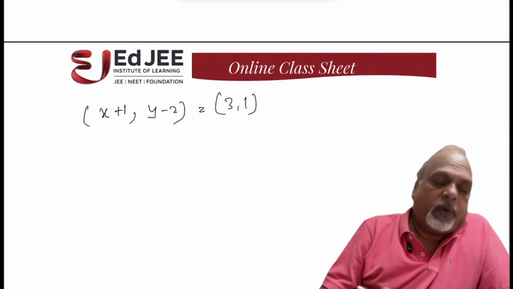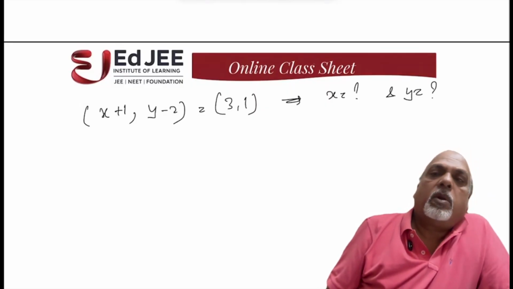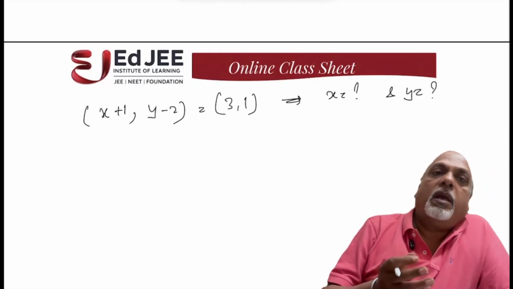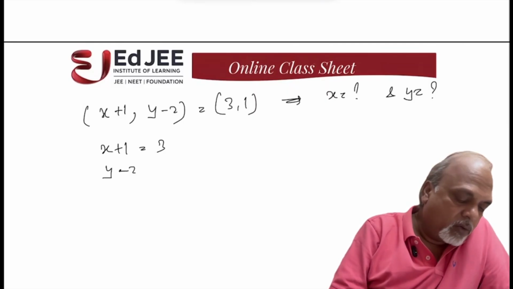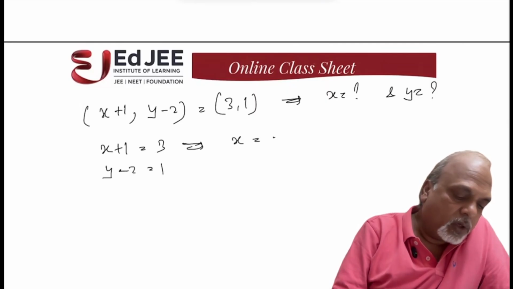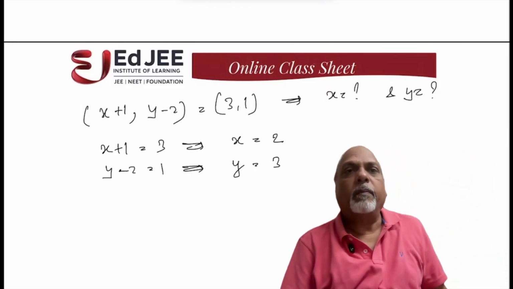Then if you are asked what is the value of x and y, so as I told you, if the ordered pairs are equal, then their elements are also equal. Like x plus 1 must be equal to 3 and y minus 2 must be equal to 1. This will give you x as 2 and this will give you, sorry, y as 3. Correct?